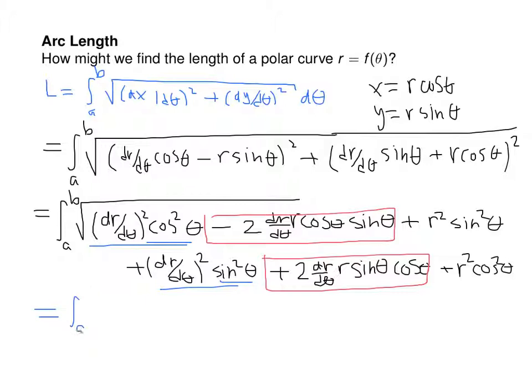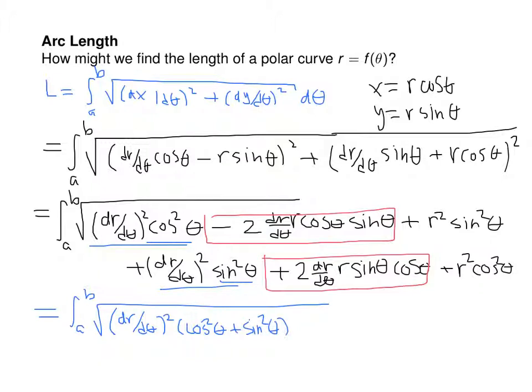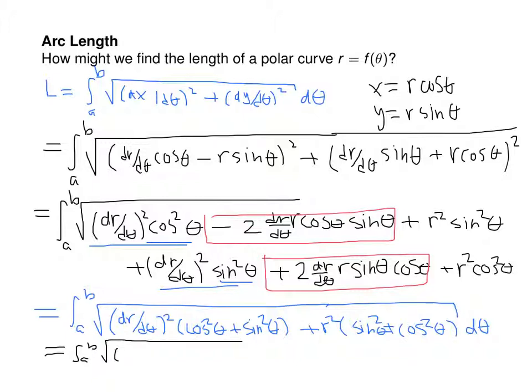So the integral from a to b root dr d theta squared cosine squared theta plus sine squared theta, and then plus r squared times sine squared plus cosine squared theta, d theta. And now this will equal the integral from a to b, the root of dr d theta squared plus r squared, d theta.